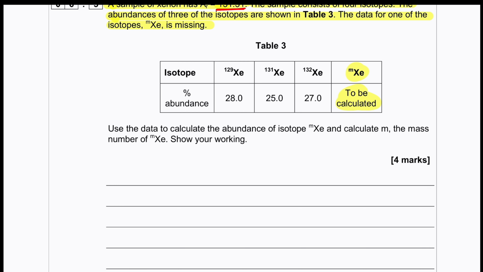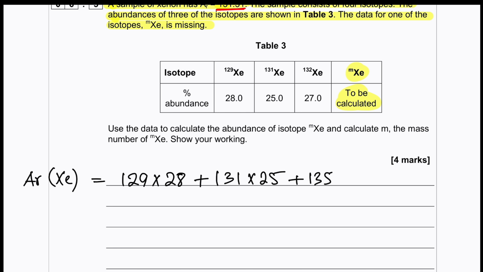First of all, since the goal is to calculate the average relative atomic mass of Xe, we take each of those masses: 129 multiplied by its abundance, which is 28, plus 131 multiplied by its abundance, then 132 multiplied by the abundance 27, and then the mass of M, which we need to calculate and don't have the value of, and its abundance.